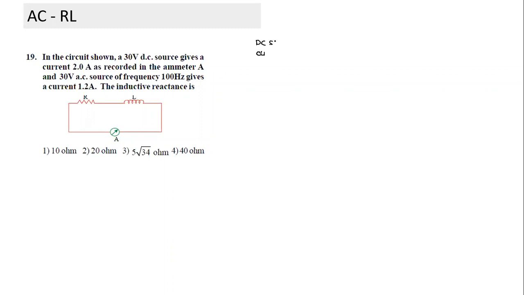In a steady state, the current will be equal to V by R. The inductor will not have any significance. The current is given as 2 amperes, with voltage applied 30 by R. So the first part of the statement gives you the value of R. Then AC is connected.